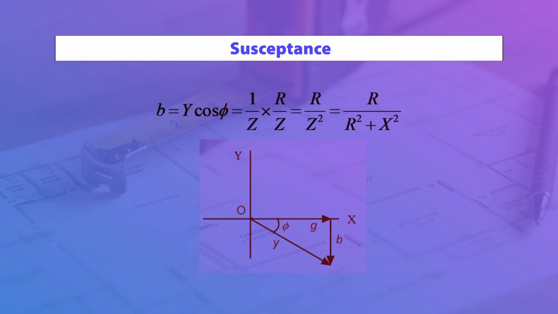So this small b can be written as X upon capital Z square, where Z is the impedance of that circuit, and this Z can be written as the square root of R square plus X square. So Z square can be written as R square plus X square. So this small b can be written as X upon R square plus X square.